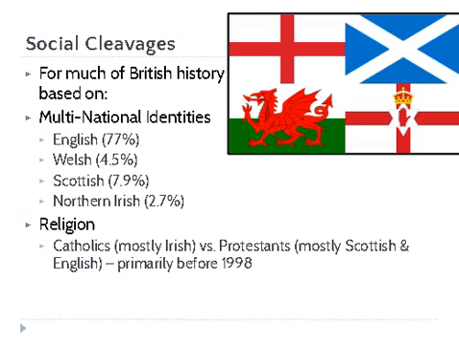If we wanted to break down the population of the United Kingdom based on national identity, 77% of citizens of the United Kingdom self-identify as English nationals, 4.5% are Welsh, 7.9% are Scottish, and 2.7% are Northern Irish.